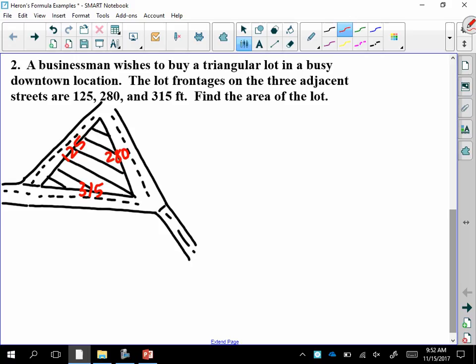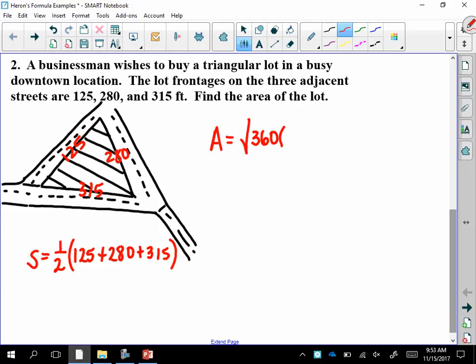To find the area, we'll start by finding the semi-perimeter, which is going to be 1/2 times 125 plus 280 plus 315. And what do you get for that semi-perimeter? 360.